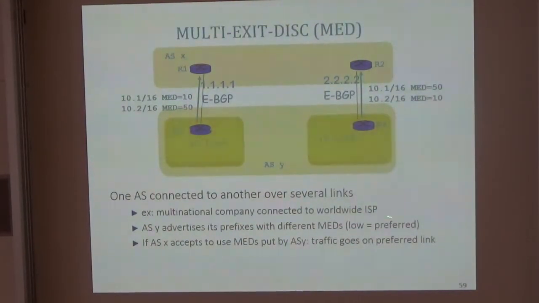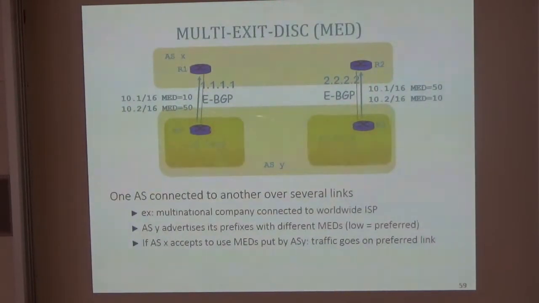MED is a preference, but as you can see, that's typical of TCP-IP stuff. There's no useful convention that you can adhere to once for all. So here, best is low, whereas local pref is the opposite. And it's typically meant to signal preference that a customer has when it has multiple links.